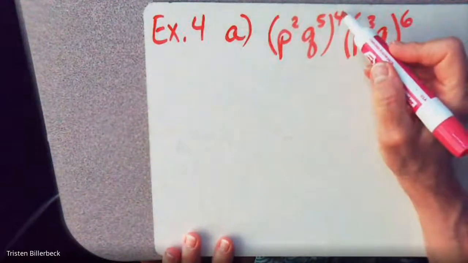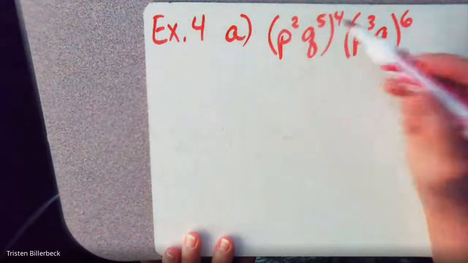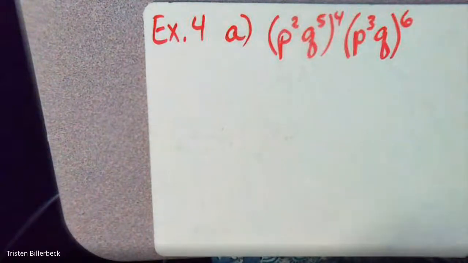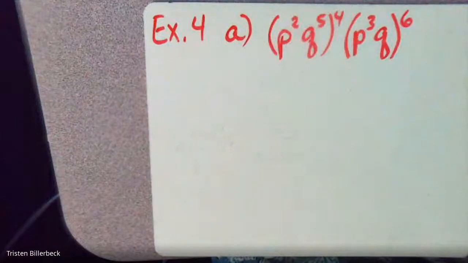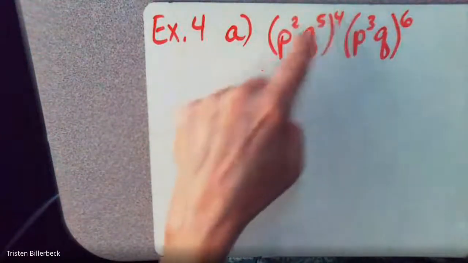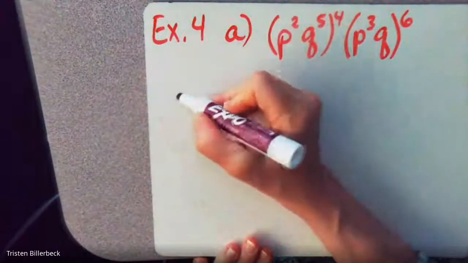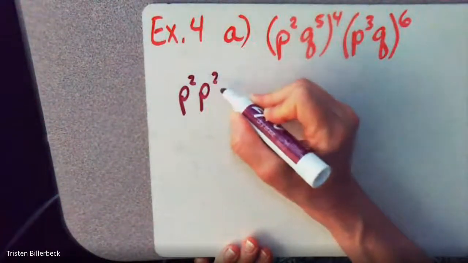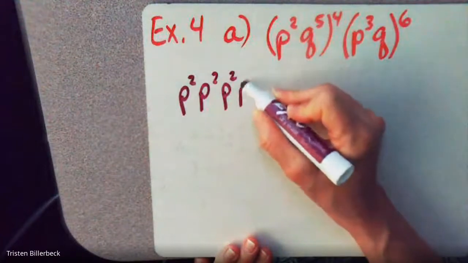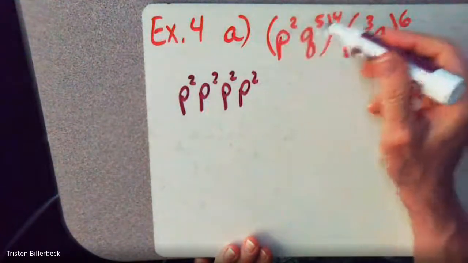So this means that I've got 4 PQs. Let me use a different color so you can really see what's going on. Okay, so if I expanded this, that means I'd have PQ, PQ, PQ, PQ 4 times.